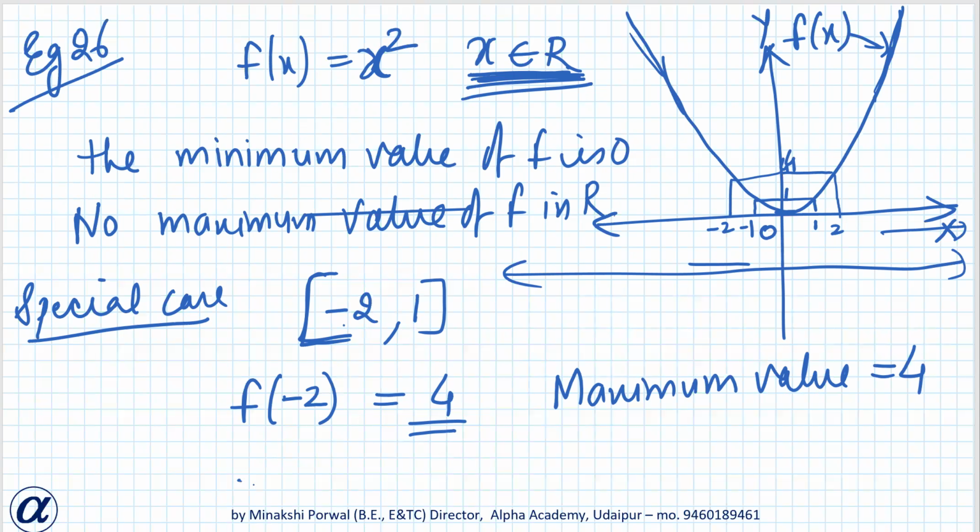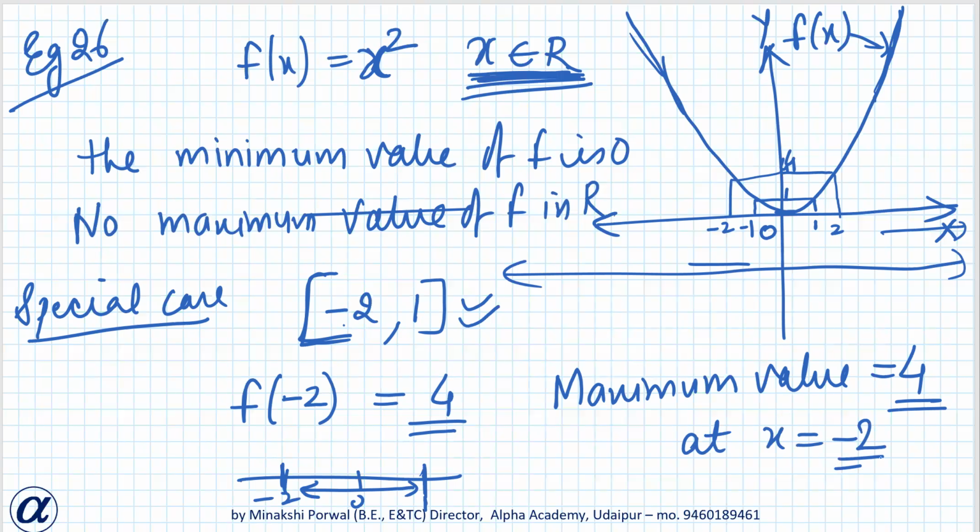Minus 2 to 1 means x will vary over all real values from minus 2 to 1, including minus 2 and 1. So the maximum value of the function will be 4 if we take this domain. And what will be the value of x at that time? At x equals minus 2. Is this clear? Yes, ma'am.